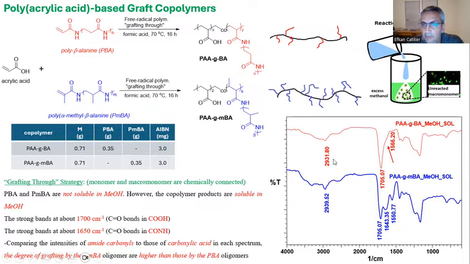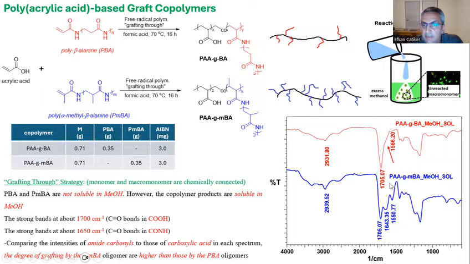After obtaining the graft copolymer, we ran the FTIR, and we observed that each spectrum has both acrylic acid bonds and secondary amide bonds coming from beta-alanine and methyl beta-alanine.